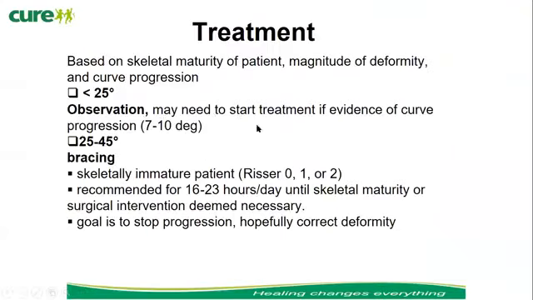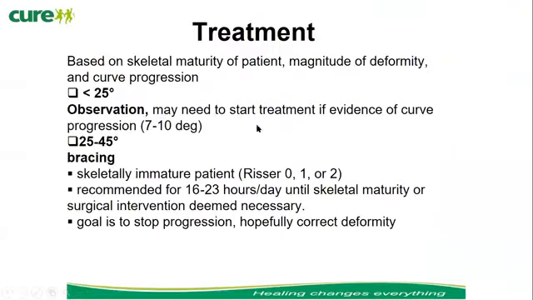I use neuromonitoring for most of the cases. Initially, we didn't have it available, but recently we have been using it more and more. For bending films, the ones that are considered standard are the ones that are taken supine, just to be able to correct the curve.